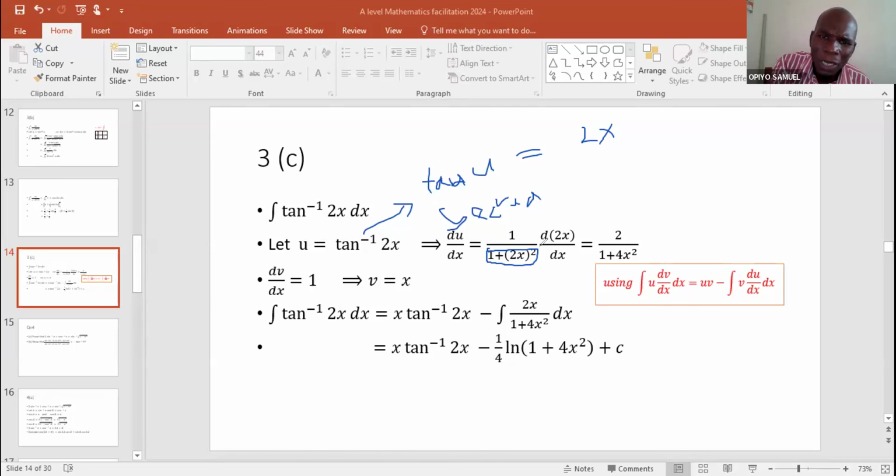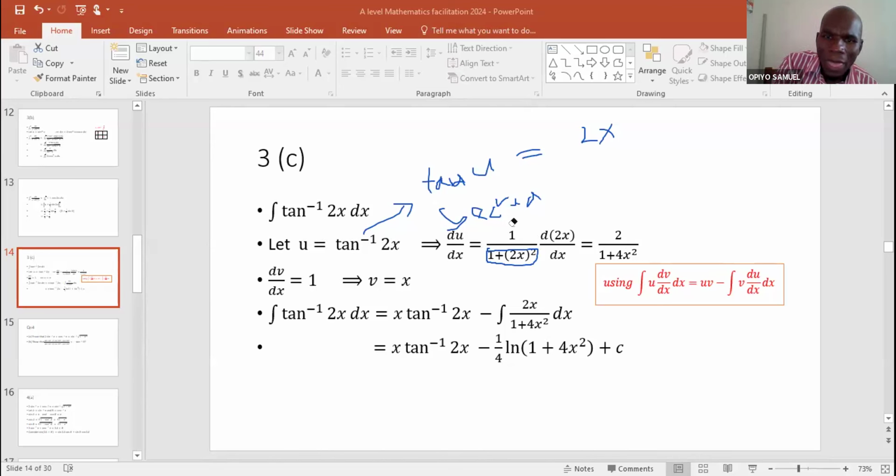You have seen this thing I put in the box. That's how this thing has come this way. I think you have got it now. Continue up to here, 2 over 1 plus 4x squared.